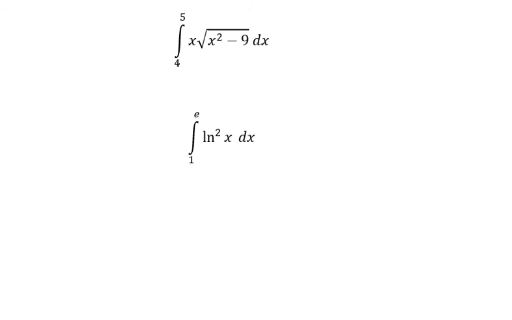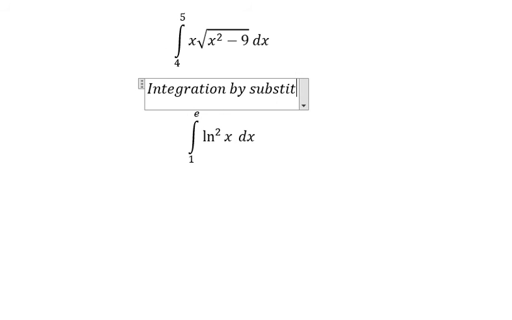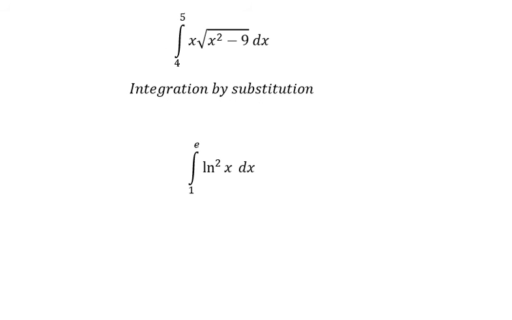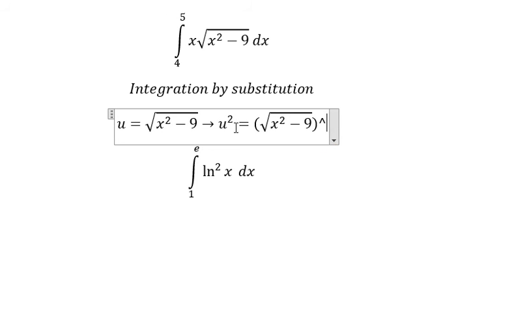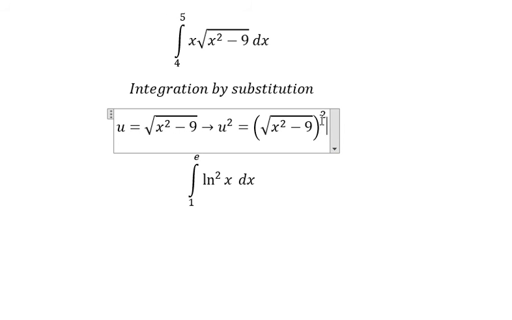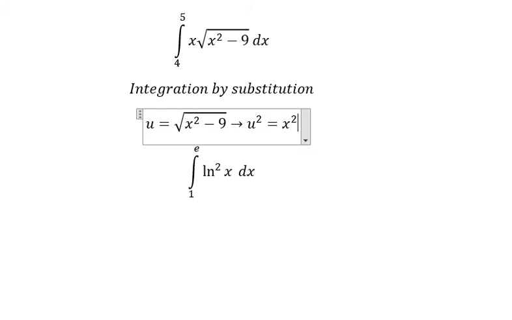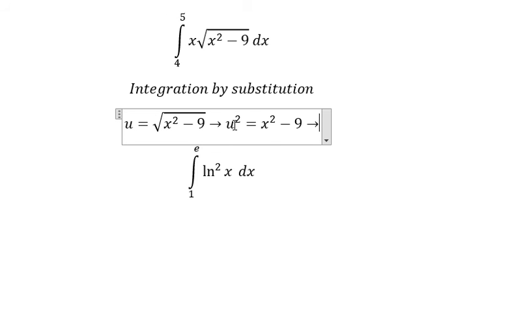We need to use integration by substitution. So I will put u equals to this one. Later, we square both sides to cancel the square root. Next, we need to take the first derivative of both sides.